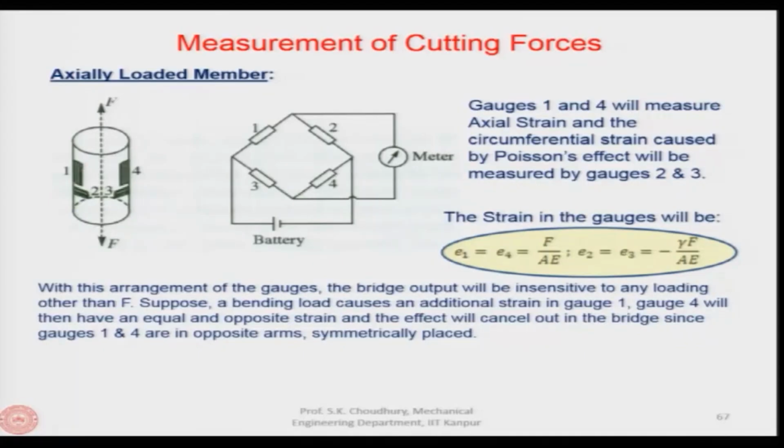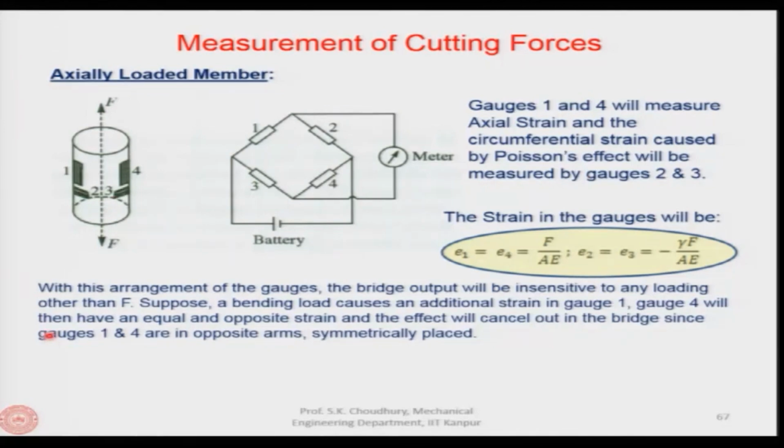Now, these strain gauges, let us say, or piezoelectric elements 1 and 4, will measure axial strain, and the circumferential strain caused by the Poisson's effect will be measured by gauges 2 and 3.